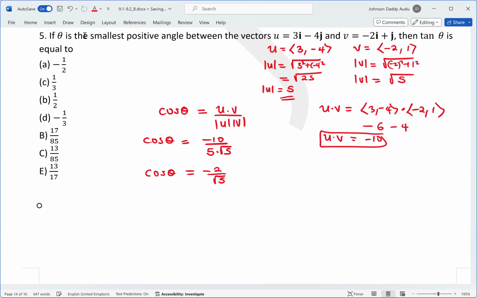But what are we interested in? We're interested in finding tan theta. So look here. From here, we know that theta is going to be this one. So this means that you are either in the first or in the second quadrant, right?